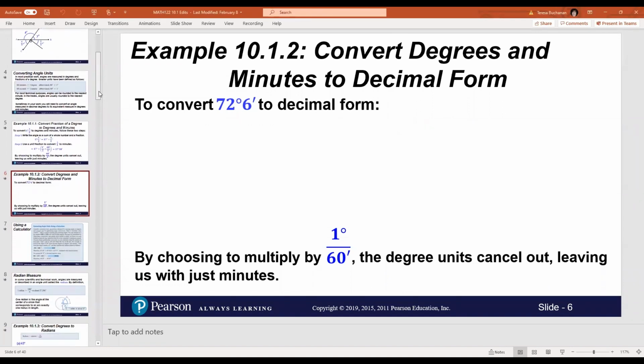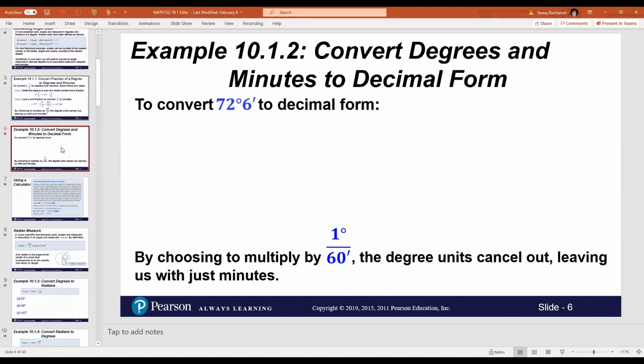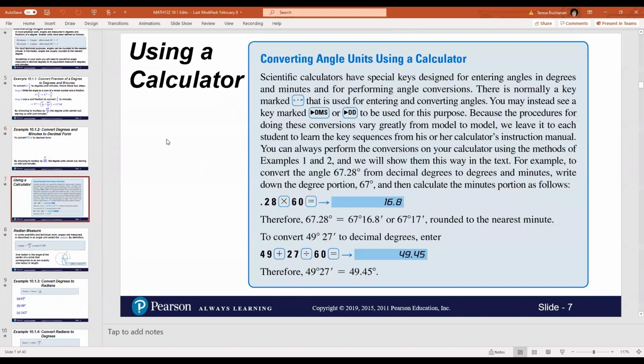Scientific calculators have special keys designed for entering angles in degrees and minutes and for performing angle conversions. I am not especially thinking that this is something that is real critical that you learn to do right now on the calculator.